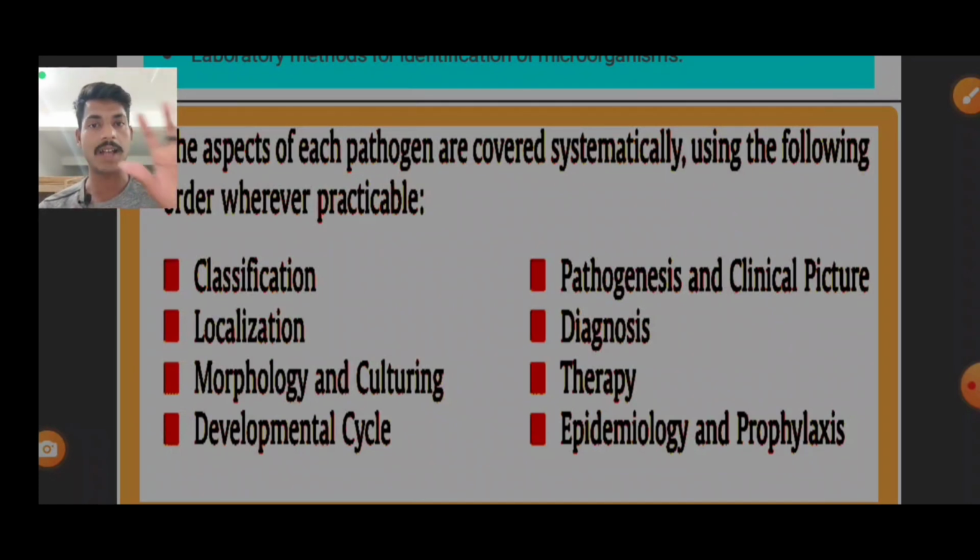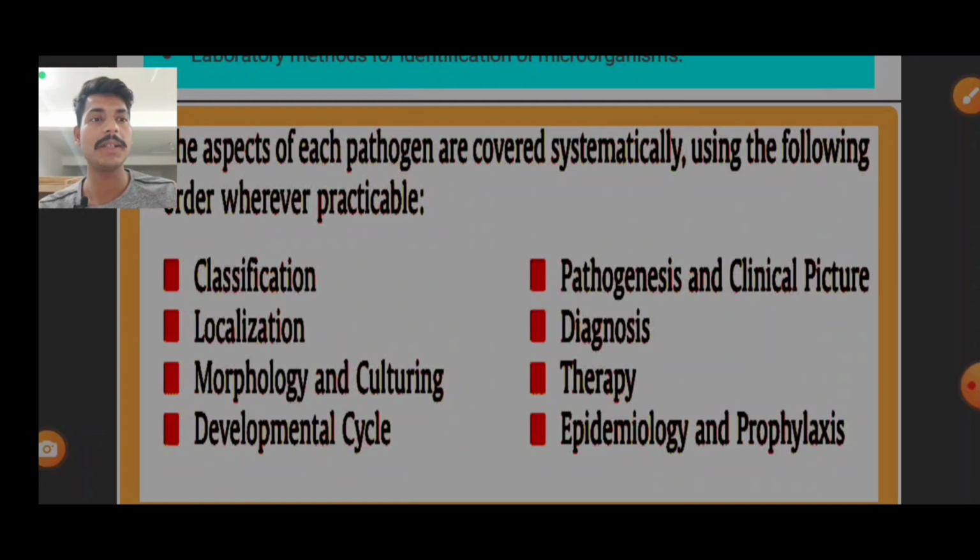Morphology means their outer structure, and culturing means how we can cultivate those pathogens. Then we will discuss their developmental cycle, then pathogenesis and clinical picture, then diagnosis, therapy, and epidemiology and prophylaxis.